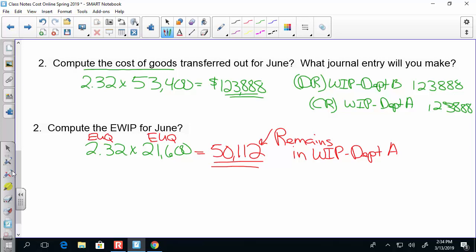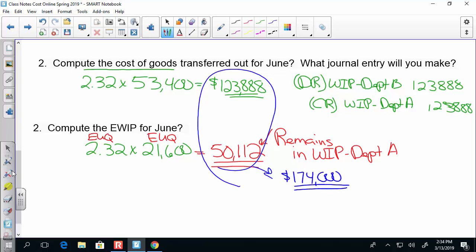And you'll notice through the reconciliation, and the author will reconcile this, that we add these two together and we'll get 174,000. And remember, that was the cost that we started with. We just split it between what's left and what remains in this Department A, right? What left was 123,888.